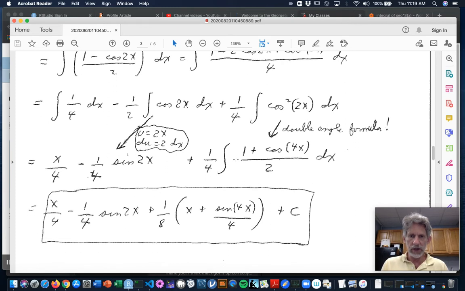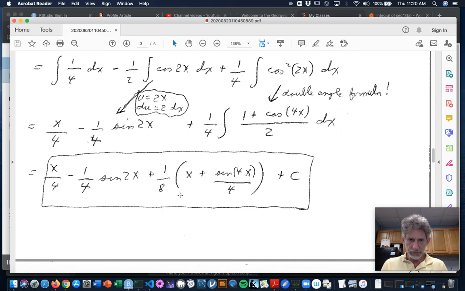So let's give that a try, and we have this integral problem. But hey, we can break it up into the 1/2 plus the half cosine of 4x. And so the half goes to x over 2. Cosine 4x is going to be sine 4x over 4 after you do your u substitution.